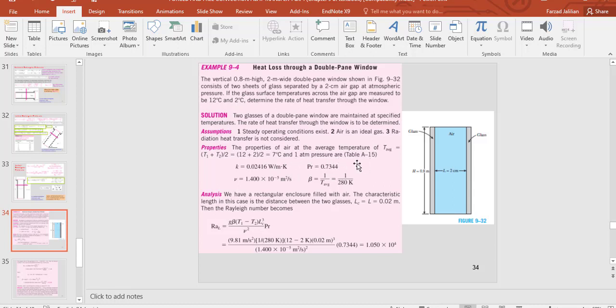Then we can go to table A15 to find its thermal conductivity, its kinematic viscosity, its Prandtl number, and also the volumetric expansion coefficient. If you remember, this volumetric expansion coefficient is equal to 1 divided by T, where T is T average of the air, and it should be in terms of Kelvin.